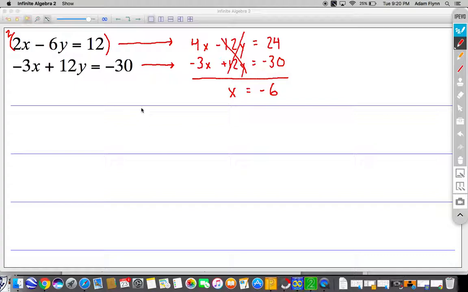So I'll pick the top equation this time. So I have 2 times negative 6 minus 6y equals 12. So 2 times negative 6 will be negative 12.